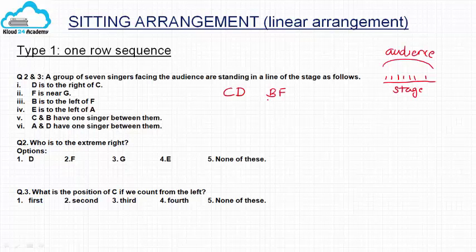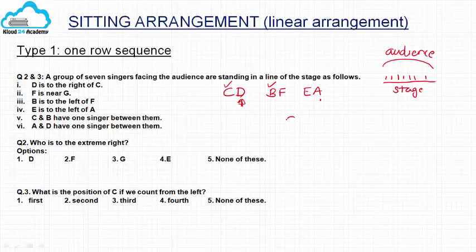E is to the left of A. So if A is here, E is to the left of A. C and B have one singer between them. So we can see D can be the one singer which is between C and B. A and D have one singer between them. So between A and D we have one singer.